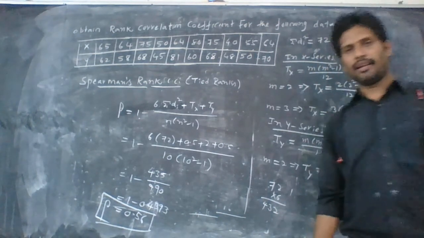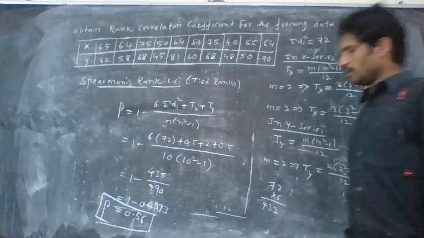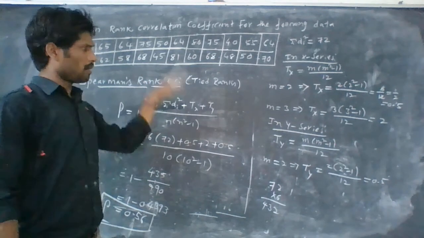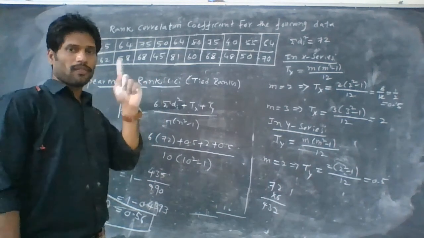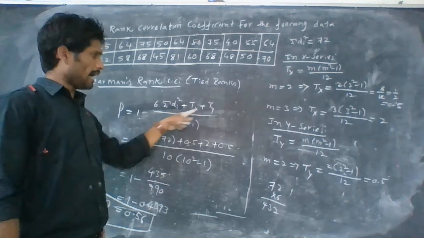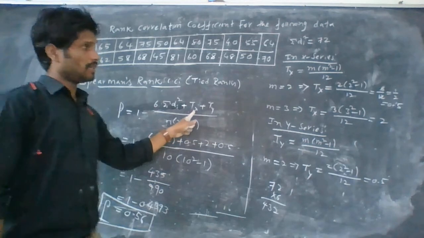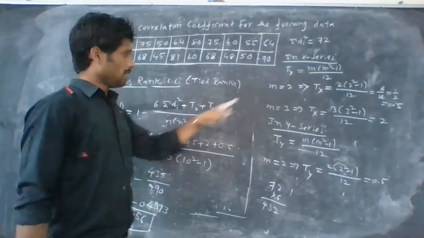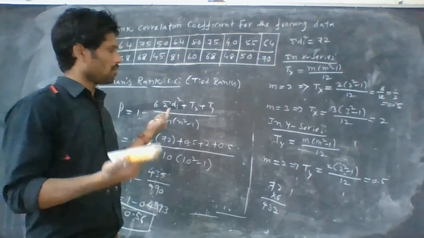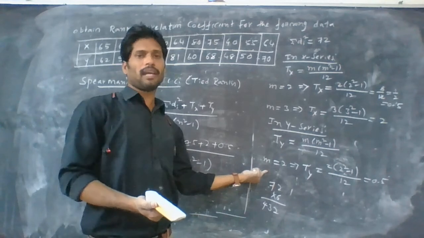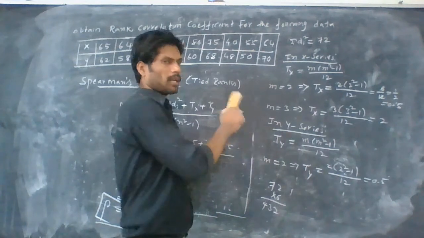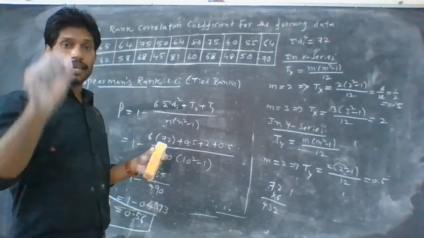Repeated ranks are tied ranks. One more point: whatever it may be, the formulas are the same, the difference is just that we add Tx plus Ty. Tx means repeated terms in X series, Ty means repeated terms in Y series. If there are no repeated terms, there is no need to find the value of m into m square minus 1 by 12. This formula is applicable only for repeated ranks or tied ranks.